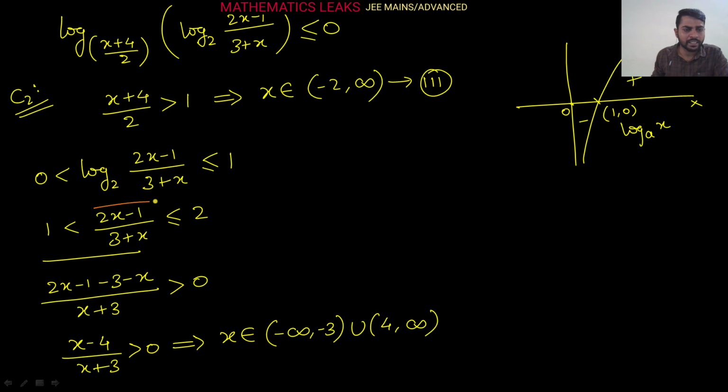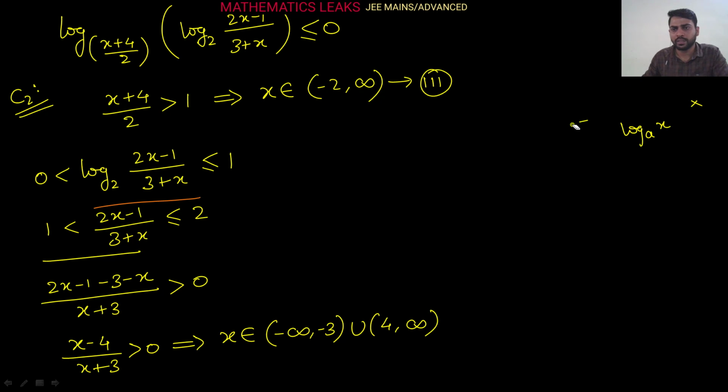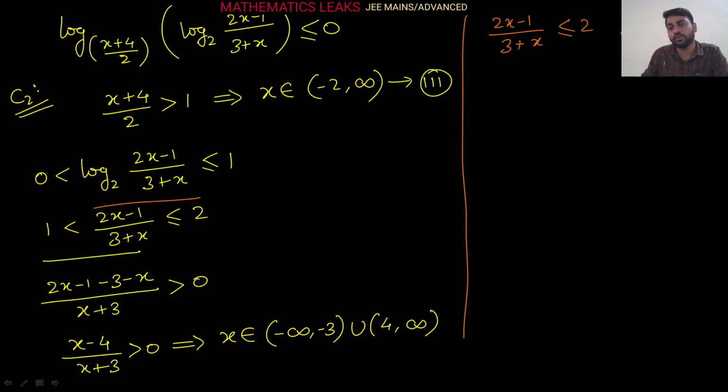Similarly, solving the right-sided inequality, let's remove this graph here. We can write (2x−1)/(3+x) less than or equal to 2. On solving this inequality, we write (2x−1−6−2x)/(x+3) less than or equal to 0. As you can see, 2x is getting cancelled, so it will be −7/(x+3).